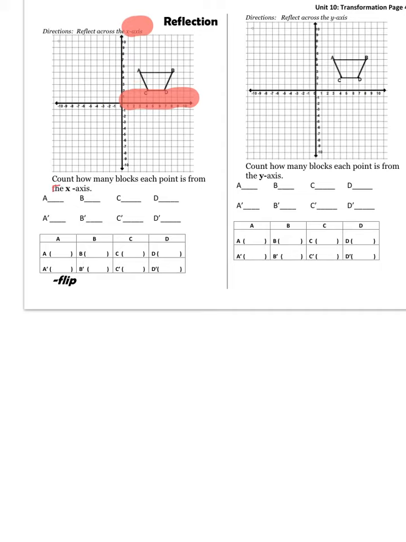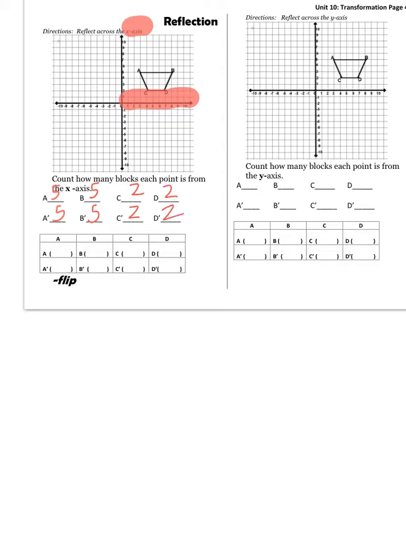So that means that A prime will also be 5 units away. Okay, B is also 5. C and D are both 2. So B and B prime are 5. C and C prime and D prime are both 2.